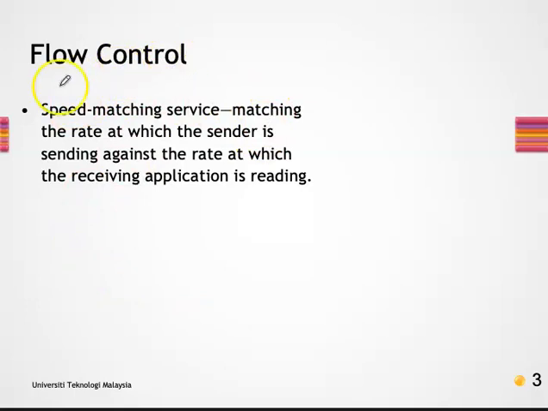So we can say that flow control is a speed matching service in which it matches the rate at which the sender is sending against the rate at which the receiving application is reading. In other words, flow control will adjust the rate the sender is sending the data with the rate at which the receiver is reading the data.